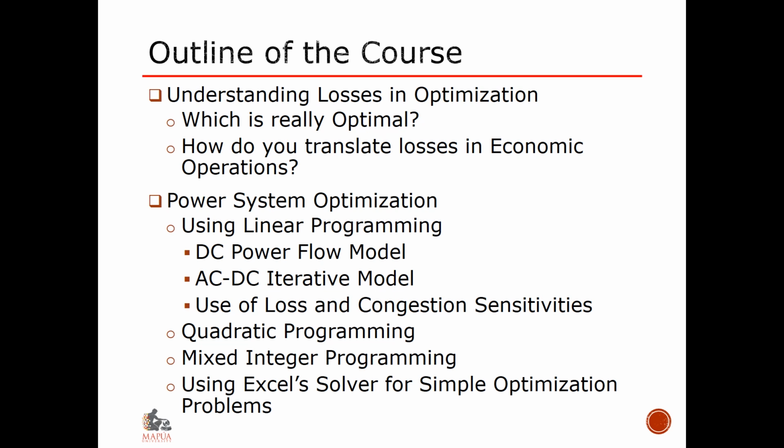Now, once we're done with linear programming, we'll eventually discuss quadratic programming. With quadratic programming, you're trying to remove that issue with inaccuracies of a linear model. Initially, we discussed a linear model in solving a power system optimization problem. The problem there is, as we said at the beginning, the power system is a quadratic problem.